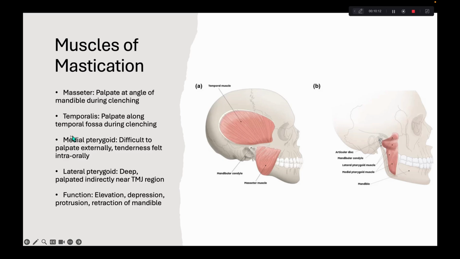Then we're going to talk about both the medial and lateral pterygoids. So there's some pictures or images to the right here. These muscles directly are related to TMJ dysfunction. So first, let's talk about the medial pterygoid. The medial pterygoid is difficult to palpate externally.